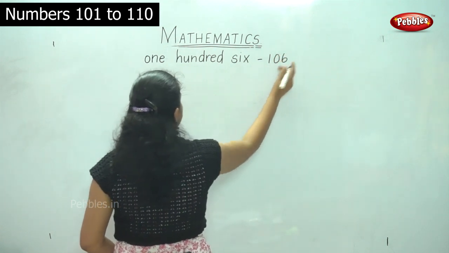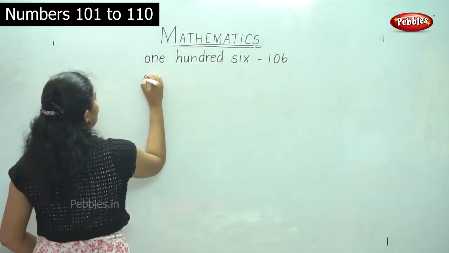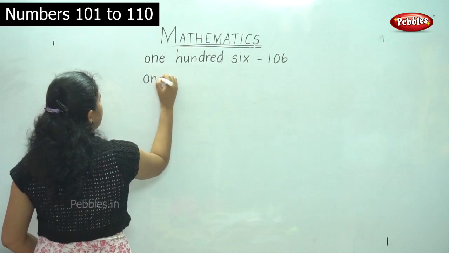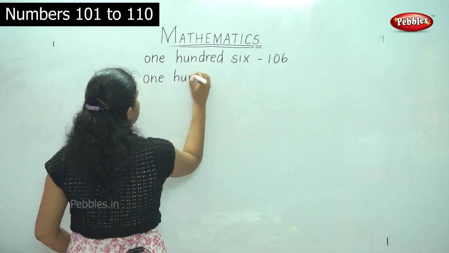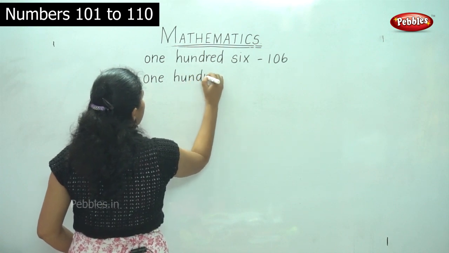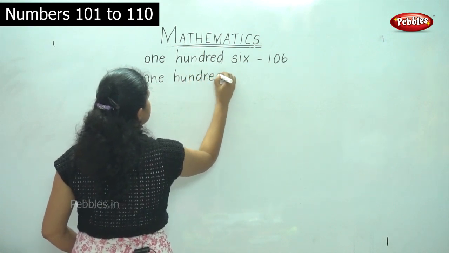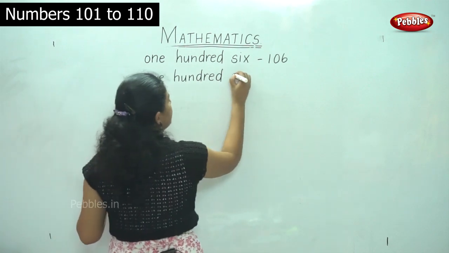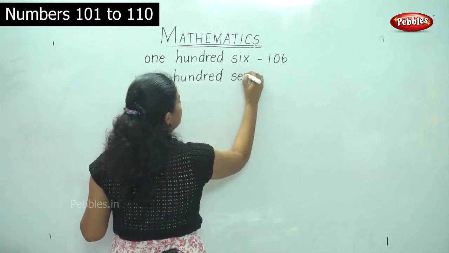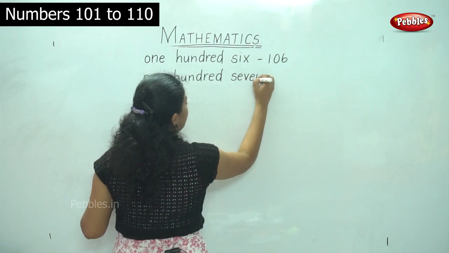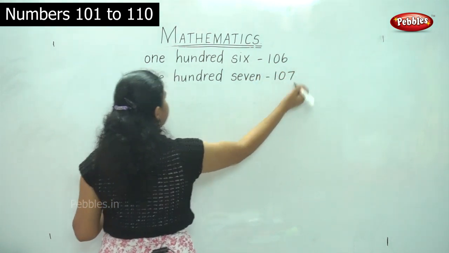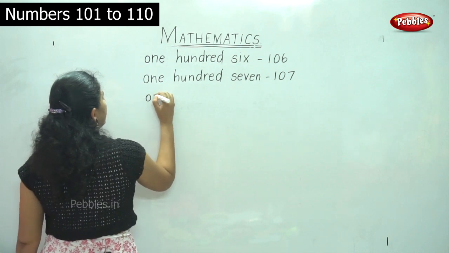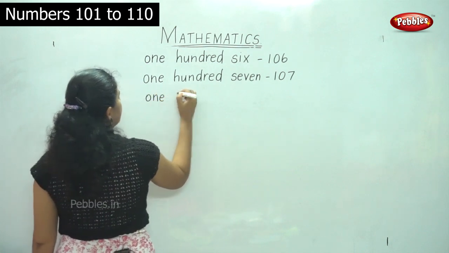O-N-E, 1, H-U-N-D-R-E-D, 107. S-E-V-E-N, 7, 107.